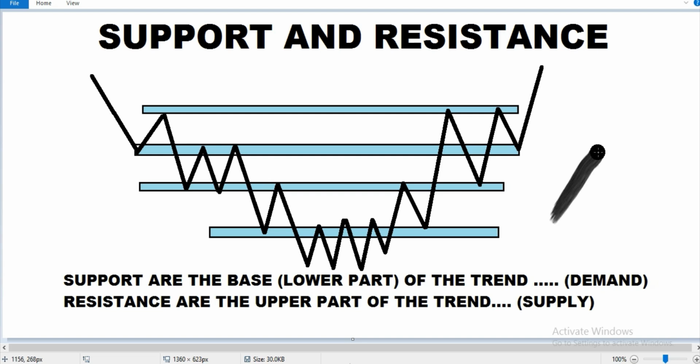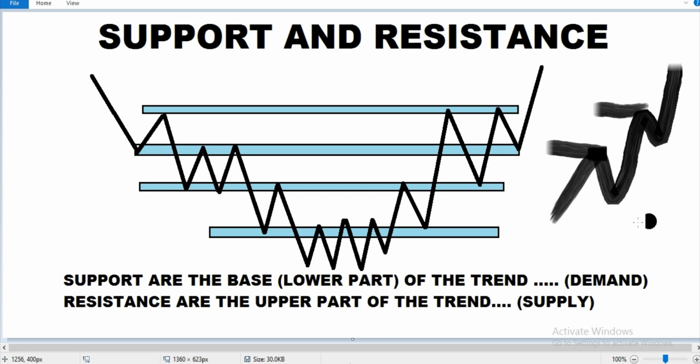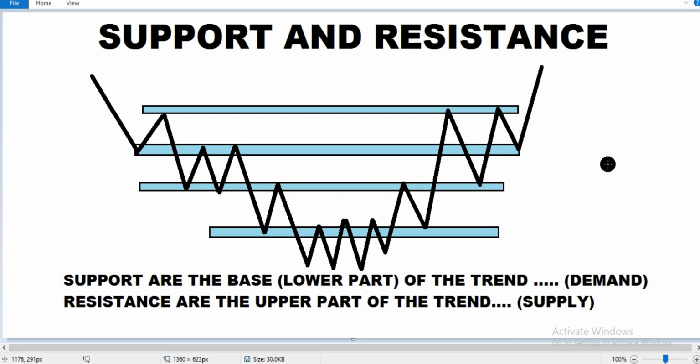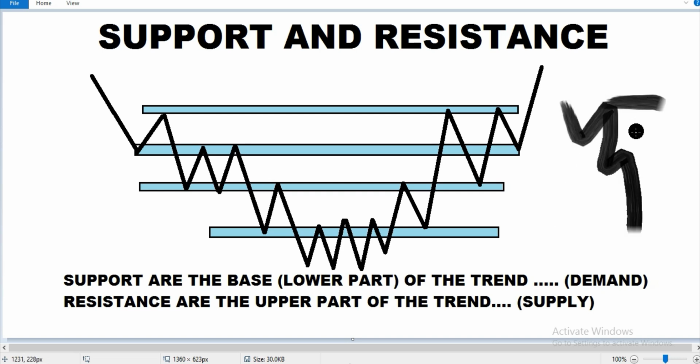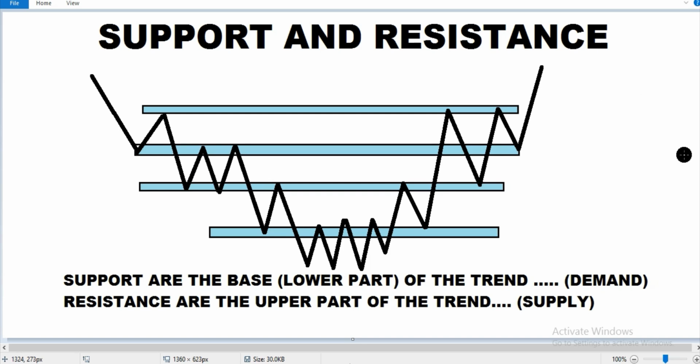And in your bullish market, like this place are what we know to be the resistance. This place are also called the support in a bullish market. Same goes to a bearish market. This place are also known as resistance. They are also called supply and demand zones.